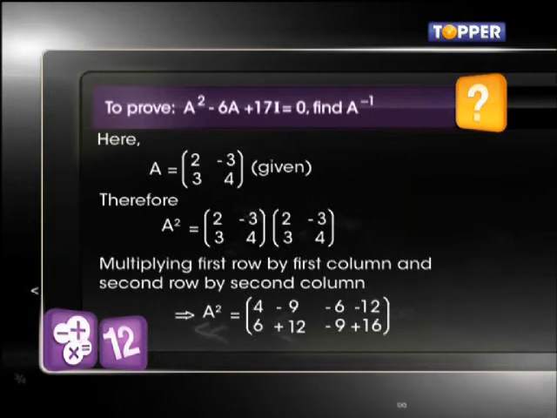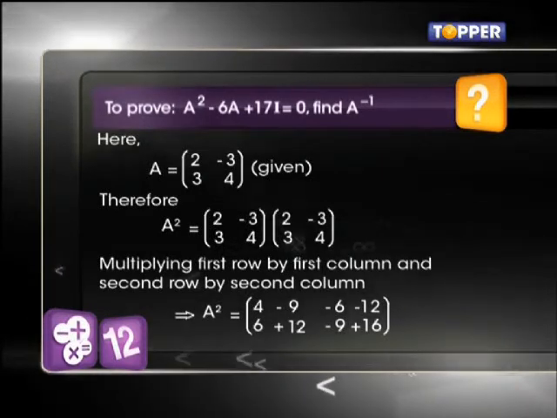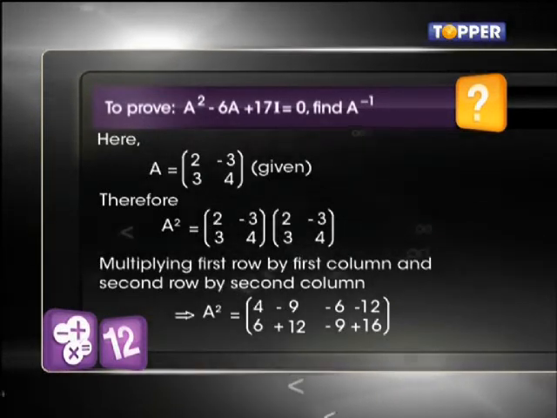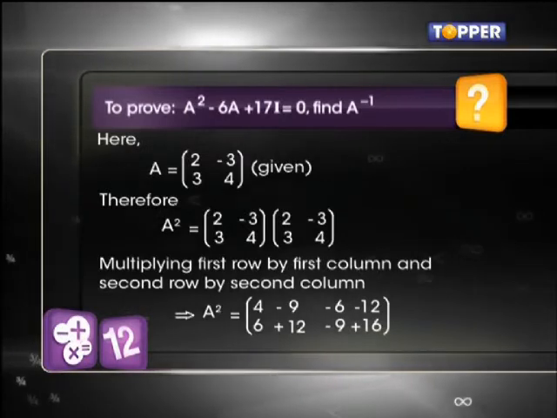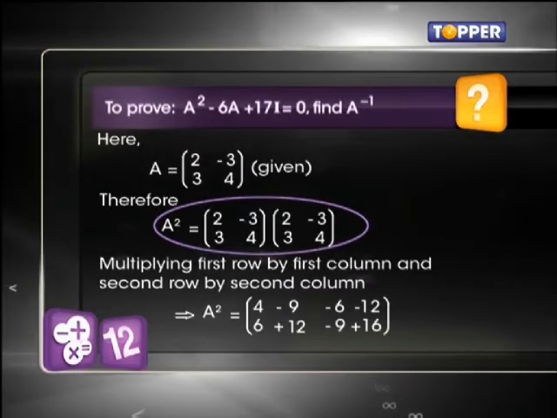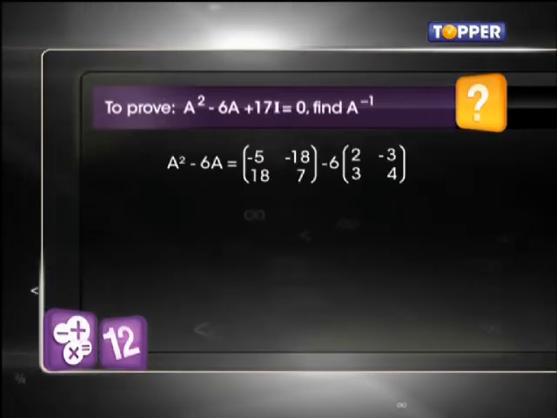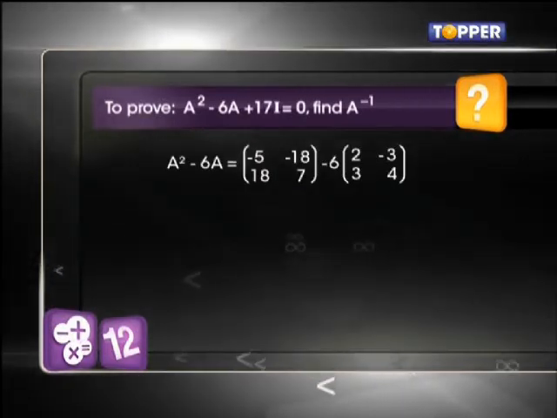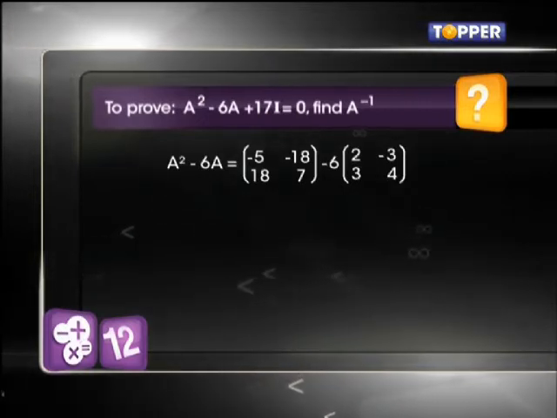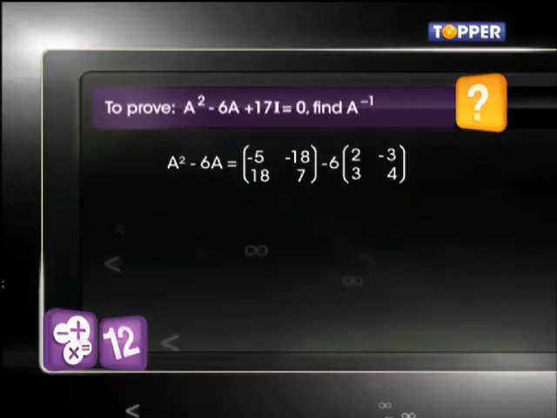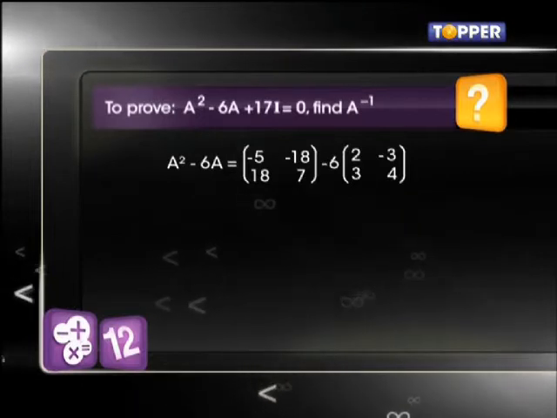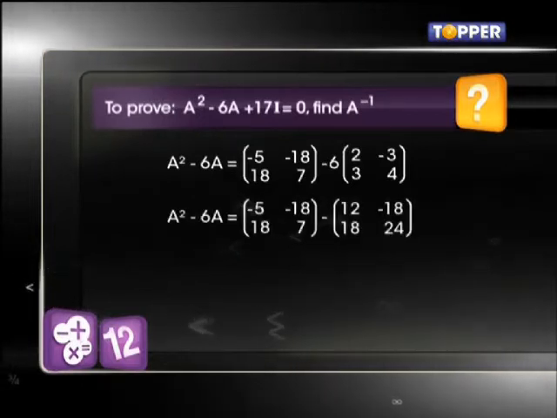First, calculate A squared by multiplying the first row by the first column and the second row by the second column, without forgetting the accurate positioning. Following this, A square minus 6A can be written as given. Multiplying all the elements of the second matrix by 6, we have.